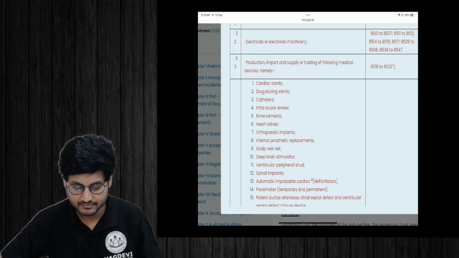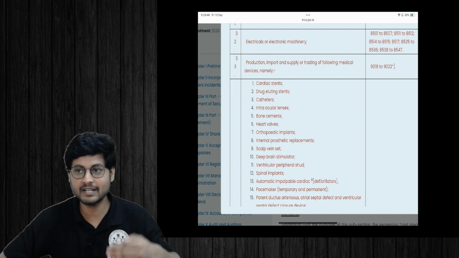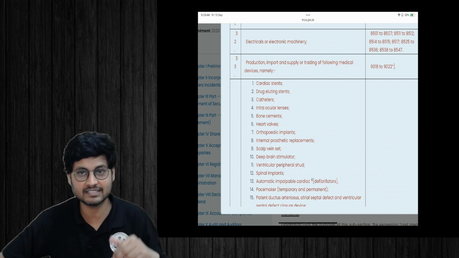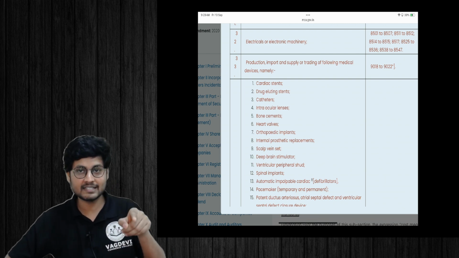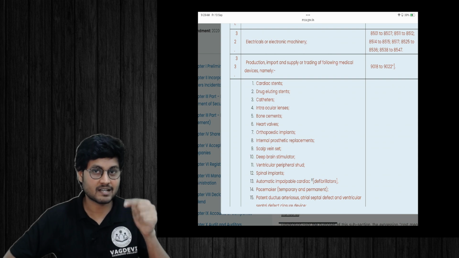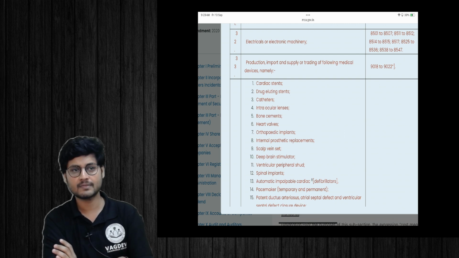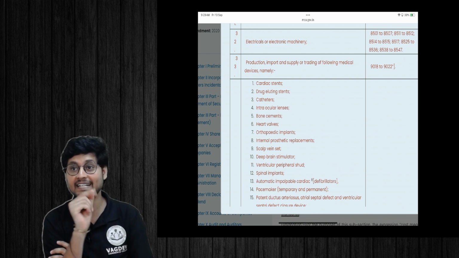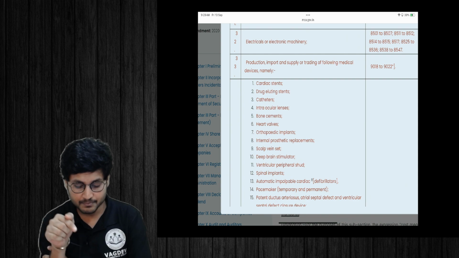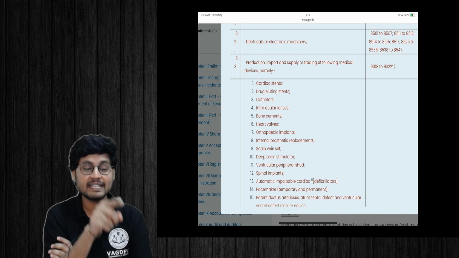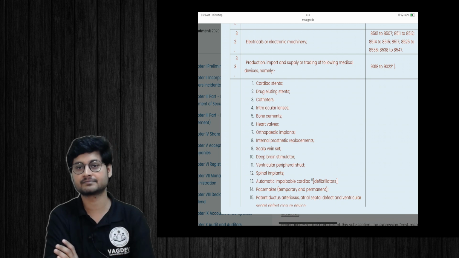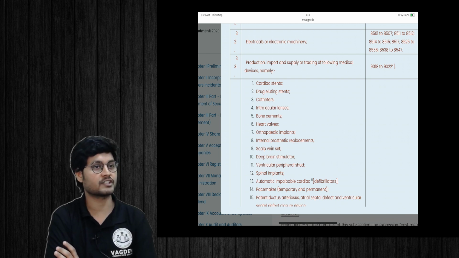Cardiac stents, drug-eluting stents, catheters. All these are medical products, medical devices. So, for medical devices, even the supply comes under cost records. Generally, supply is not included. Cost records are not applicable for trading activity. However, for this point number 33, even trading activity will be covered under cost records.